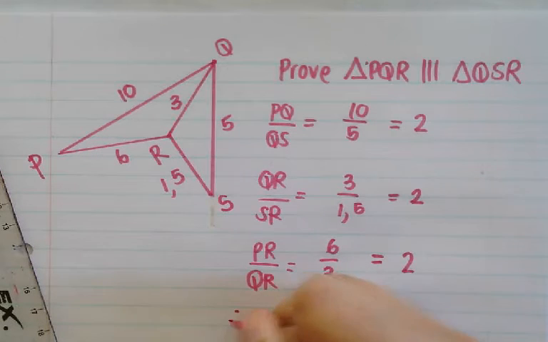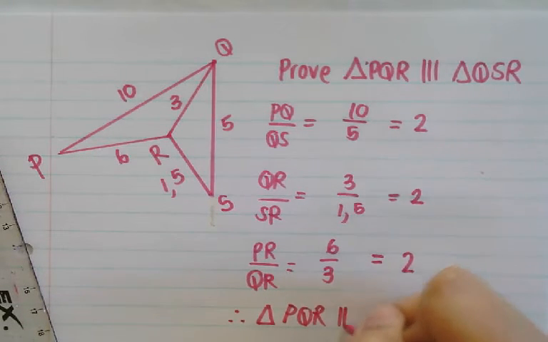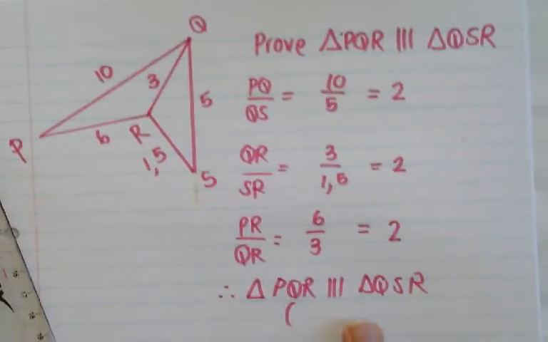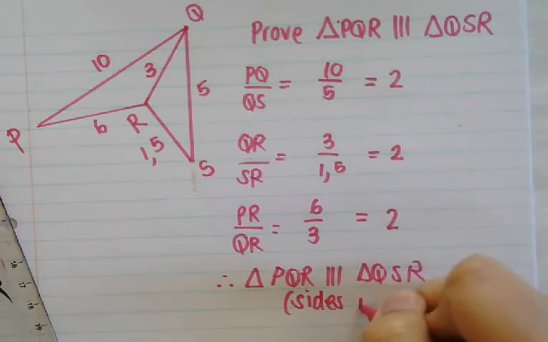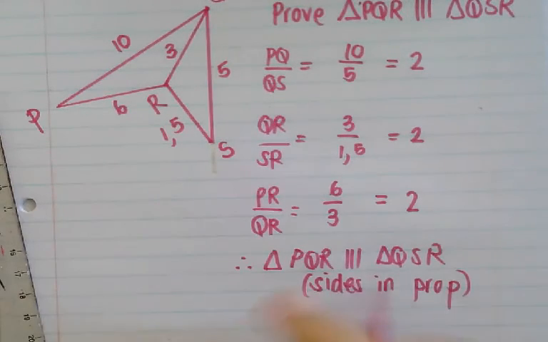Therefore, triangle PQR is similar to triangle QSR, but my reason, will it be angle, angle, angle? No, it's going to be sides in proportion. Since I know that sides are in proportion, I also now know that I have angles that will be equal to each other.